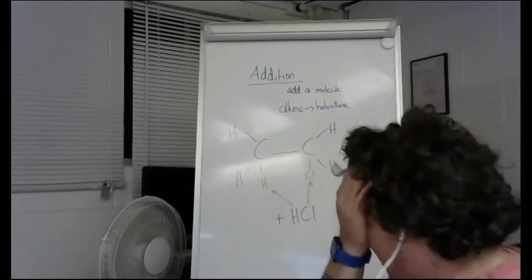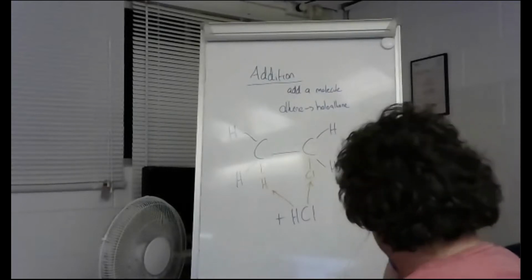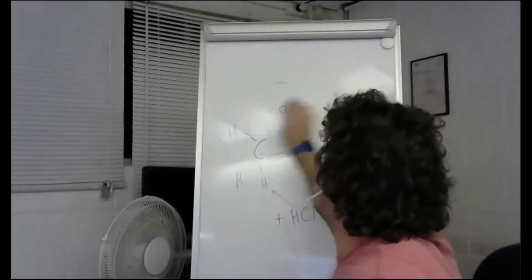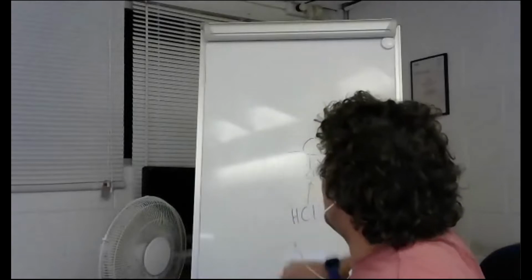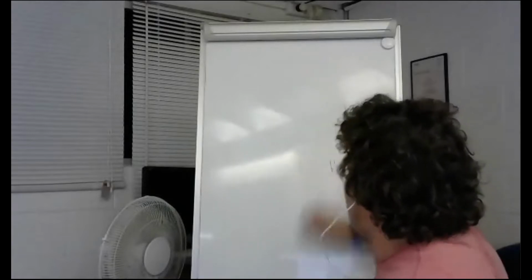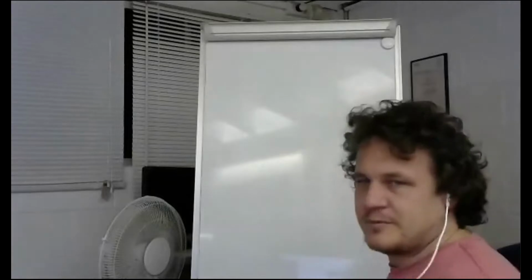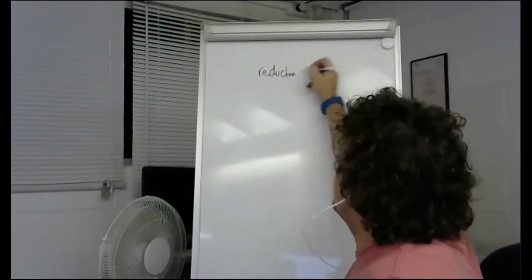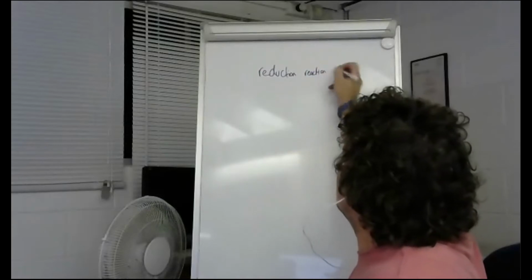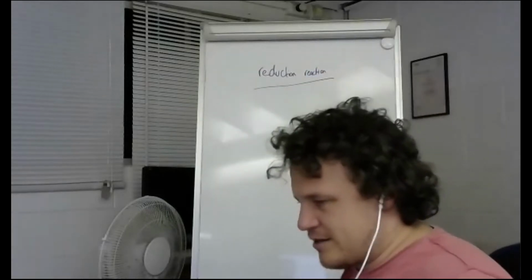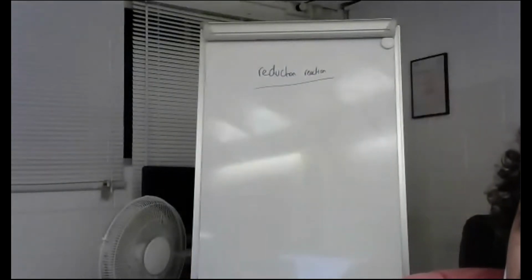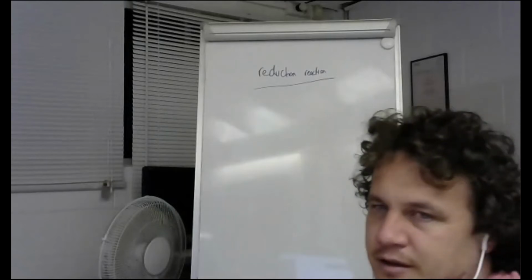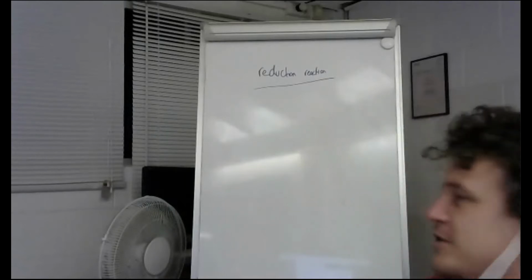So the next two reactions are probably the most annoying. We can have a reduction reaction, and you'll never guess what that's the opposite of. An addition. I want everyone to take a minute to think, if an addition reaction is to break the double bond, what are we doing with an elimination reaction?